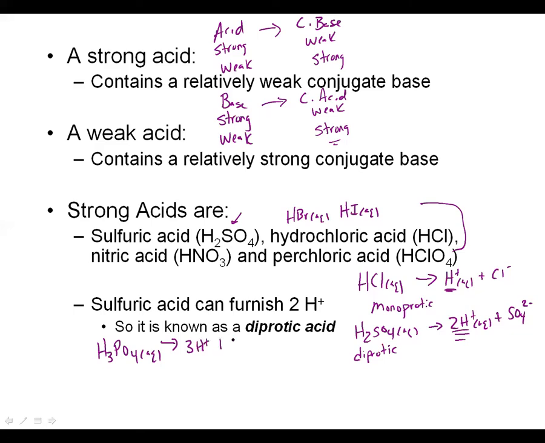If you do the overall reaction, you'll end up with something that looks like this, but again, they come off one at a time. Because it's able to donate 3 H pluses, it is sometimes referred to as being triprotic. Also, sometimes people will use the word polyprotic. Polyprotic just means it has more than one H plus to give. Any questions on that?